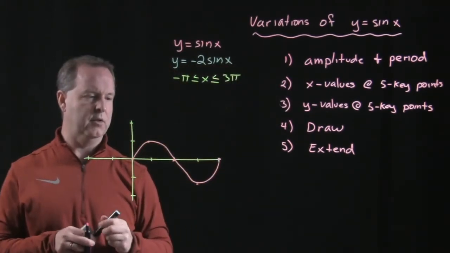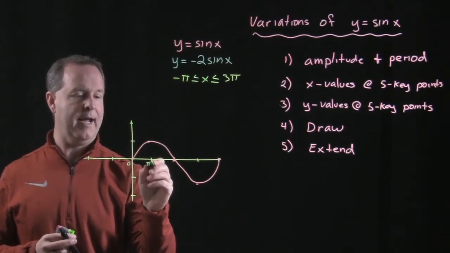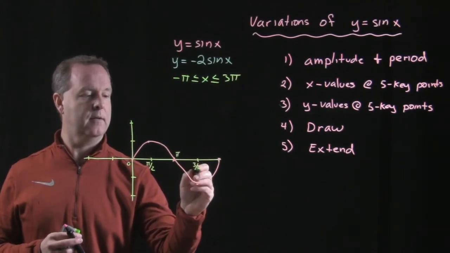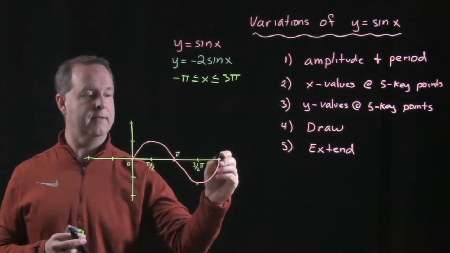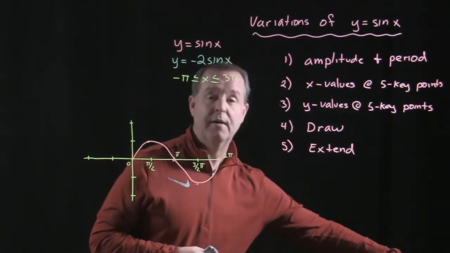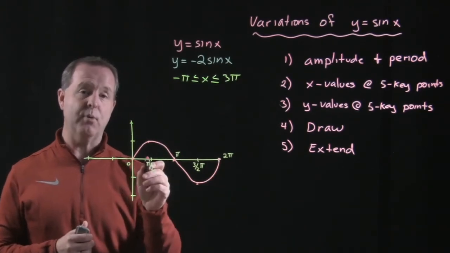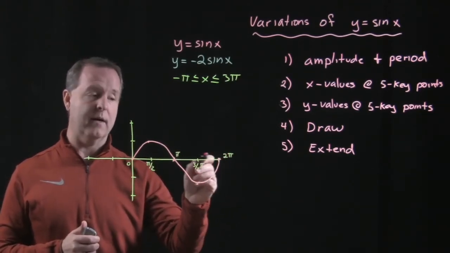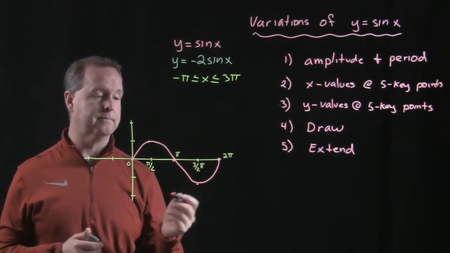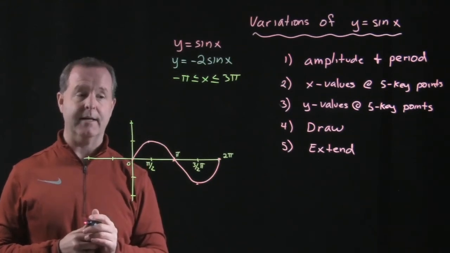We know this is the point 0. This was pi halves. That's the point pi. 3/2 pi, and then 2 pi. We found those 5 points because we know the period is 2 pi long. Each key point happens at a quarter of the way along that period, so I divide 2 pi by 4. Got my period. All right, so that's the graph of y equals sine of x.